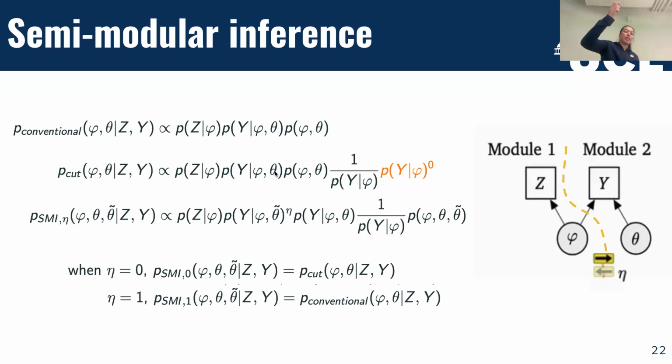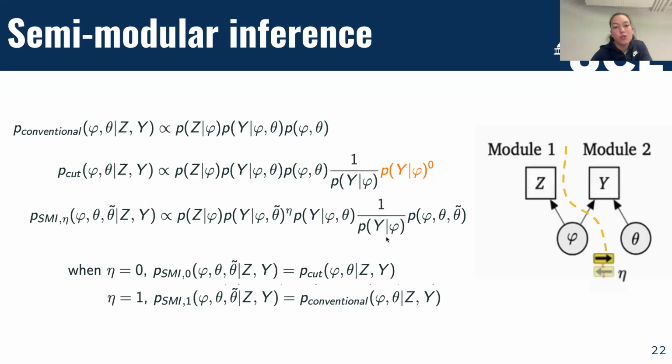So you can think that you integrate out the theta tilde, marginalize the theta tilde. And then if your eta is equal to 0, that would be 0. So the whole thing will become just 1, which is essentially what we have here when we marginalize it out. Then this is the same term.